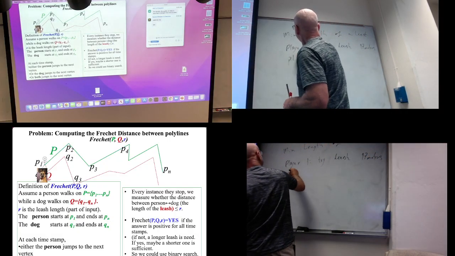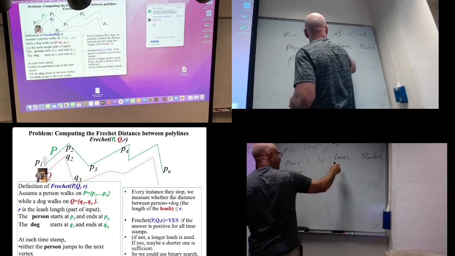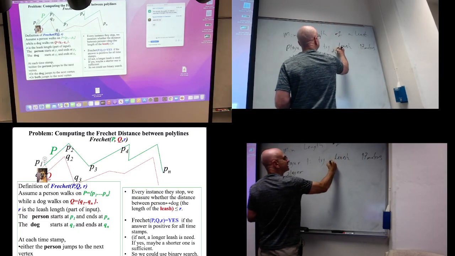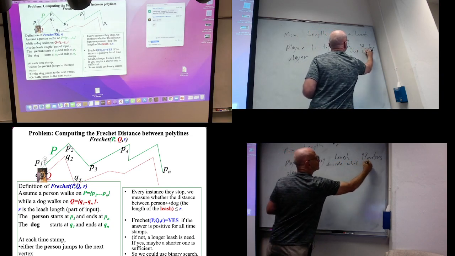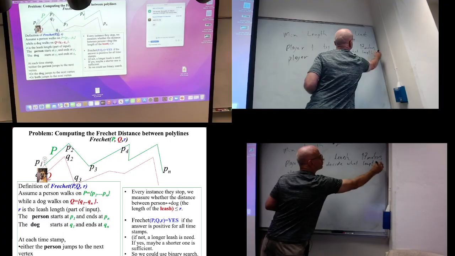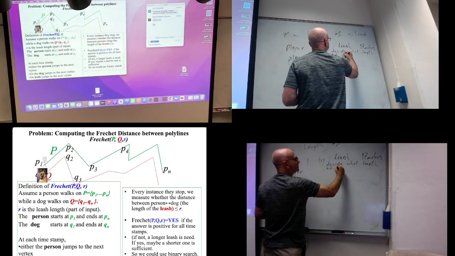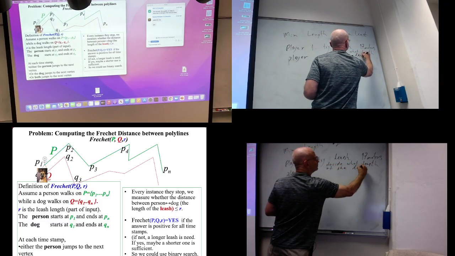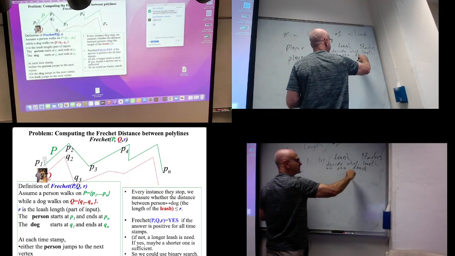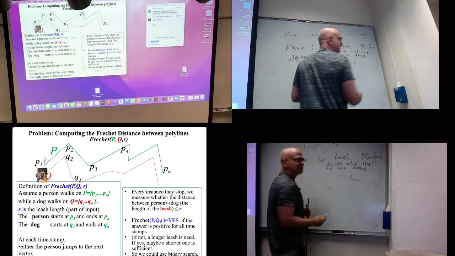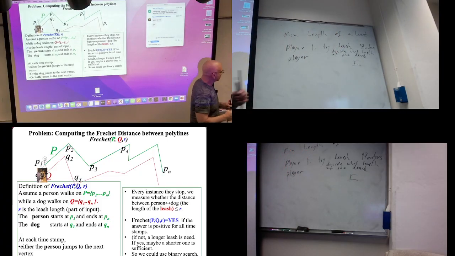That is, player one decides what length of the leash. And we'll denote the length of the leash as R. R will be the parameter that we'll use to denote the length of the leash.